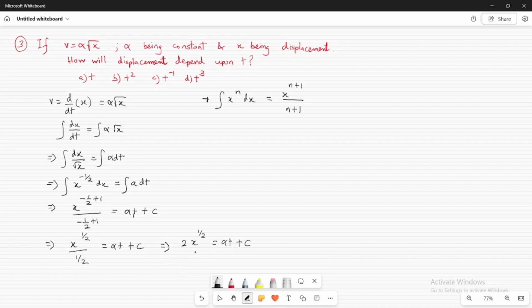That means let us square both sides, LHS and RHS.